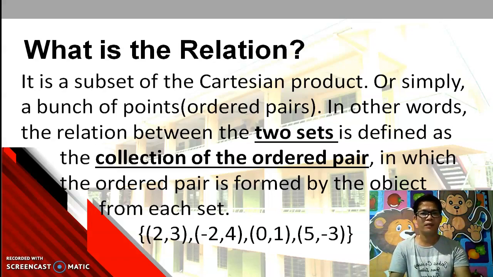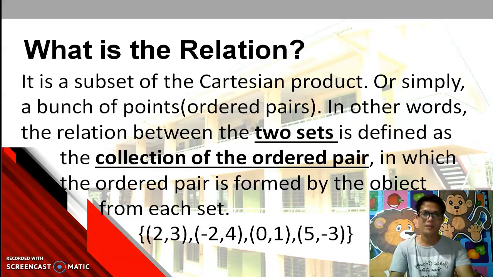And when we combine those ordered pairs, we can form a set. There's an example below. This is an example of a set of ordered pairs: (2, 3), (-2, 4), (0, 1), and (5, -3).